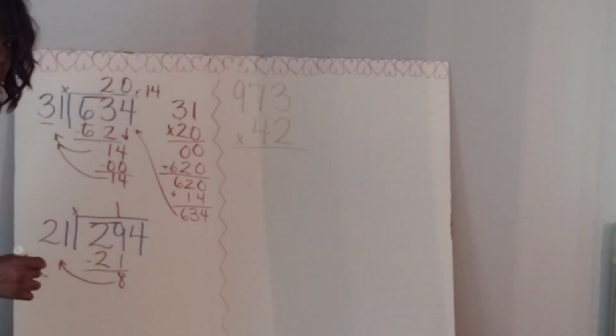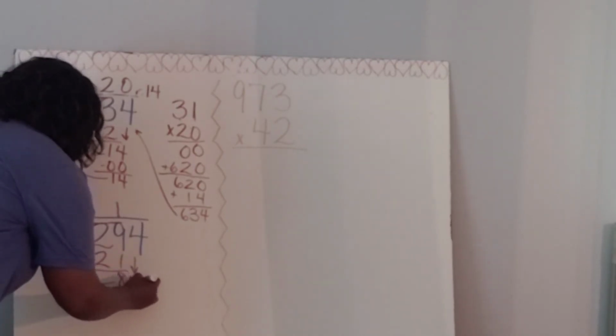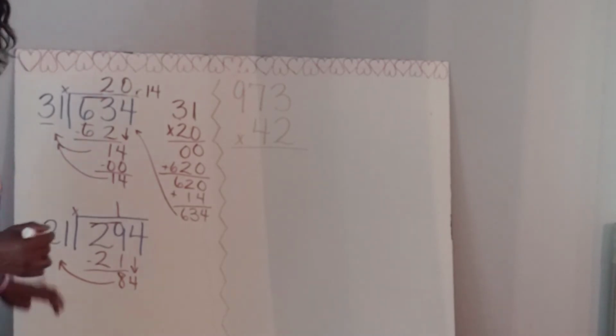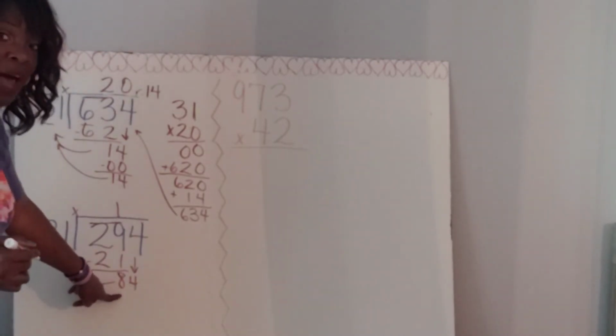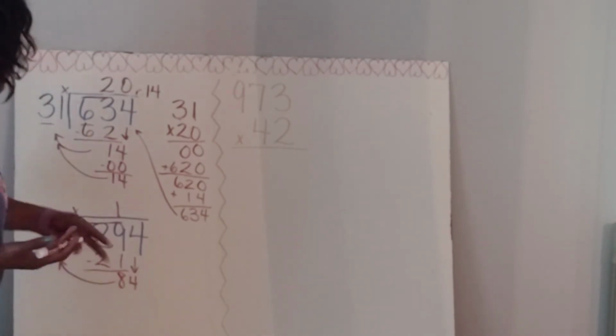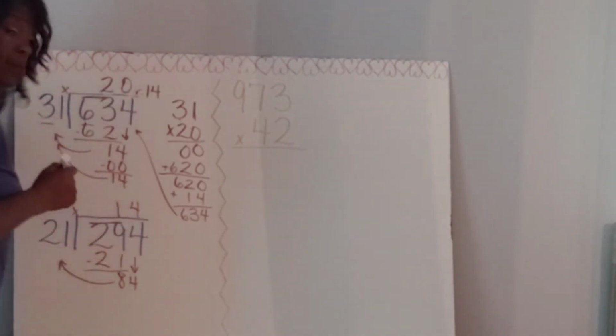Compare, obviously 8 is less than 21, but we do have the 4 that needs to come down. Now we have a new number, 84. How many 2s are in 8? There are 4 2s in 8. So we bring our 4 up top.